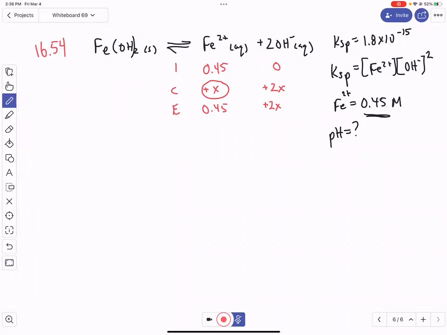So now we can plug that into our Ksp. 1.8 times 10 to the minus 15 equals 0.45 times 2x squared. So we're going to divide both sides by 0.45.